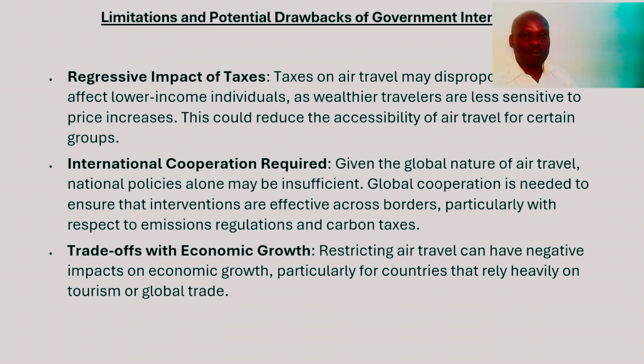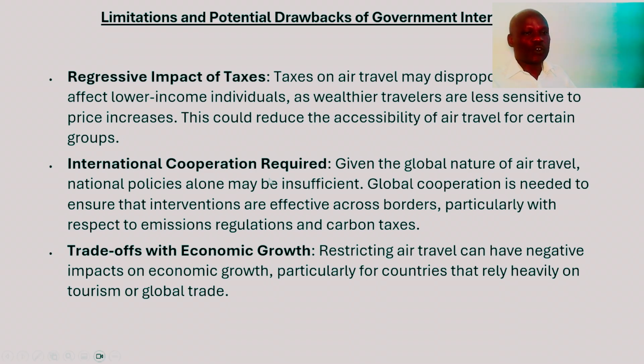Taxes on air travel may disproportionately affect lower income individuals, as wealthier travelers are less sensitive to price increases. This could reduce the accessibility of air travel for certain groups. So that's one drawback of intervention, especially where the government introduces tax to try to reach the socially optimal output or supply or demand of that service.